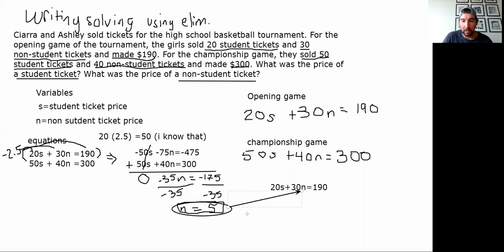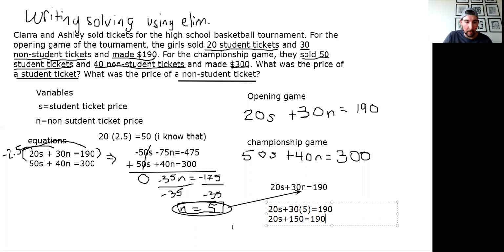So then I would get the equation 20s plus 30 times 5 equals 190. Well, I know 30 times 5 is 150. So this becomes 20s plus 150 equals 190.